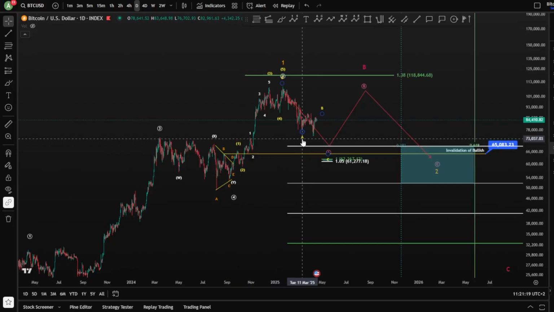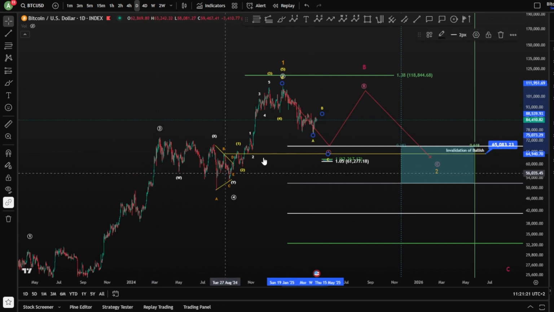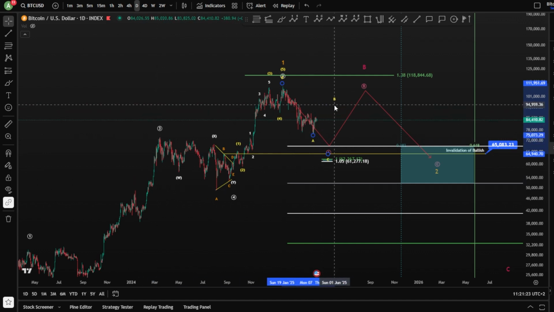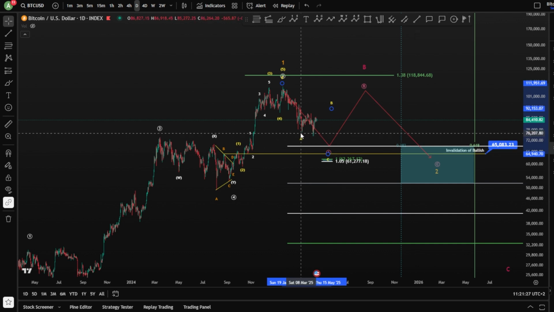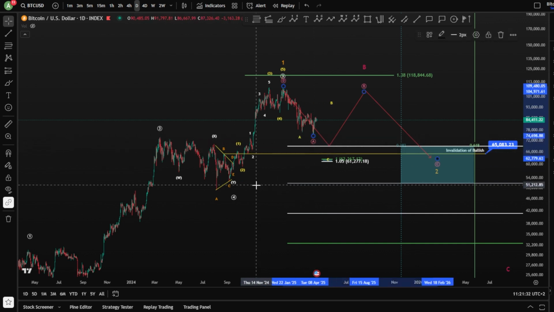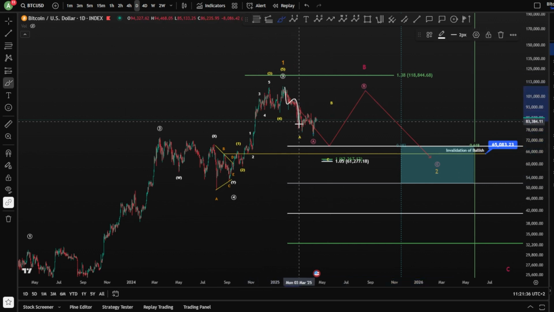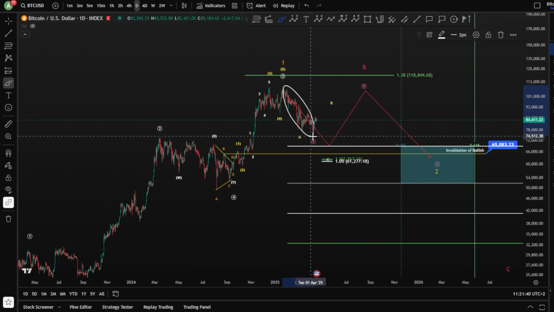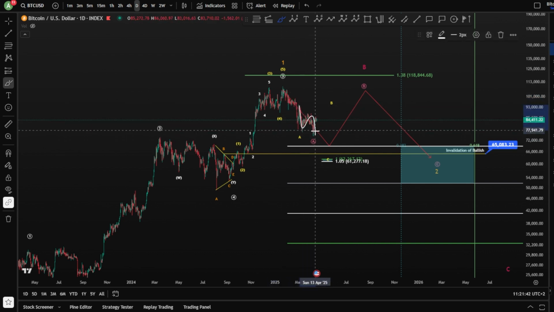The next option or scenario is where you have finished a wave A here and you are starting a wave B. In this scenario, you can have finished a major wave A here, and this is a W, X, Y, X, and a Z, a very complex structure with a double zigzag as well.